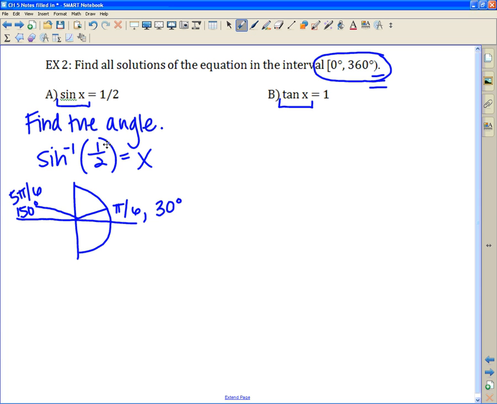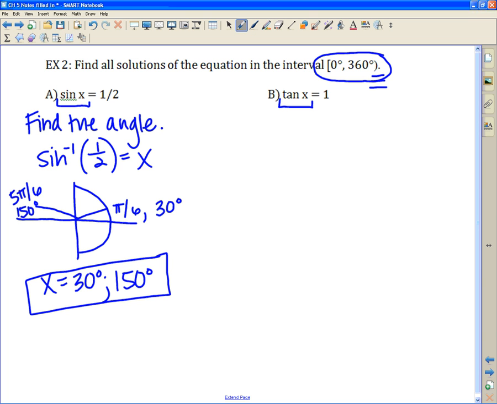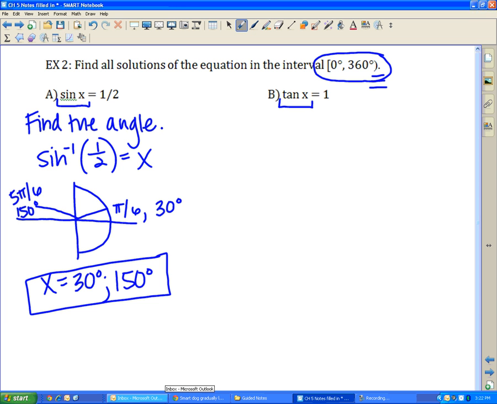So your two answers for this question, x equals 30 degrees and 150 degrees. So you have multiple tasks here. Not only do you have to solve the problem, but you have to report it the way that they expect you to report it. Go ahead and hit pause on your screen and try part B.